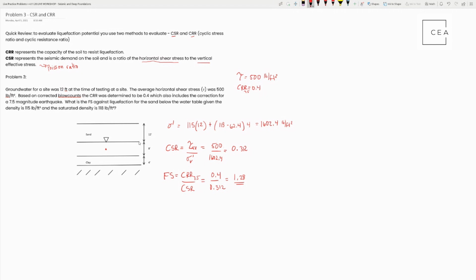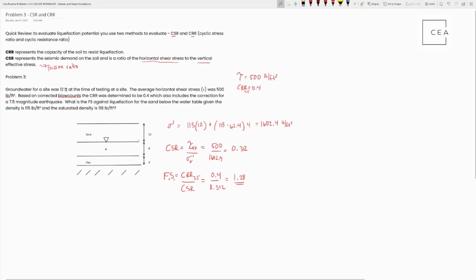So if your factor of safety is 1.28, you're saying basically you're 28% able to resist liquefaction by this amount. Yeah, it's like any factor of safety, right?